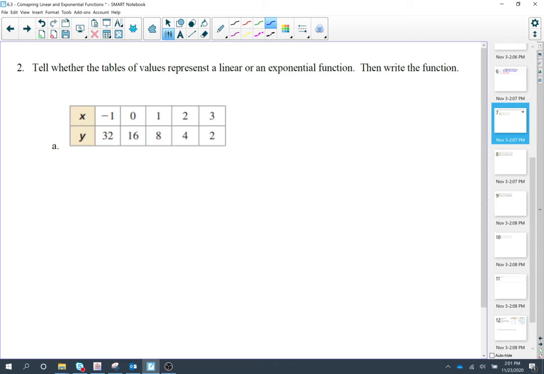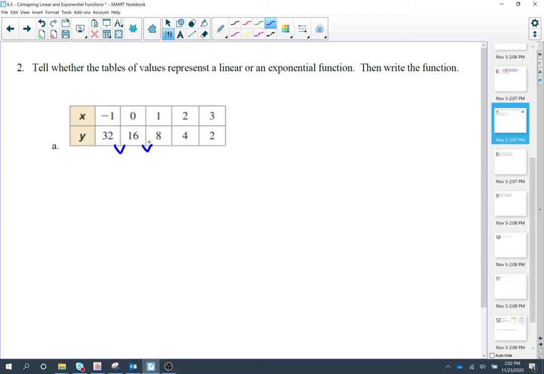Then I'm going to look at my y values, and I'm going to say, okay, 32 to 16. How do I get from 32 to 16? One of the ways is I could subtract 16. Well, what if I tried to do that again? If I try to subtract 16 minus 16, do I get to 8? The answer to that is no. So the subtraction method here is not going to work.